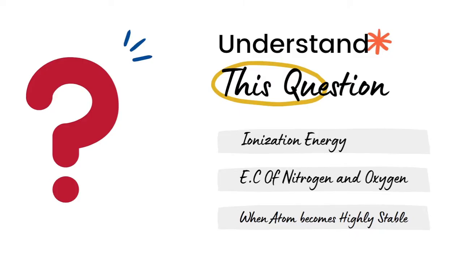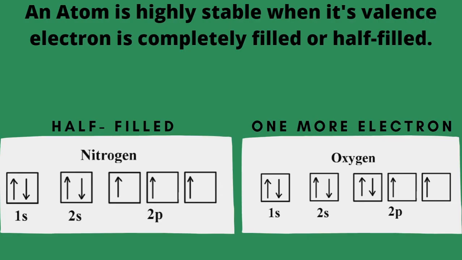The third thing we need to understand this question is when an atom becomes highly stable. An atom is highly stable when its valence shell is completely filled or half filled. Comparing nitrogen and oxygen, nitrogen has a half-filled p subshell, so nitrogen is more stable than oxygen.